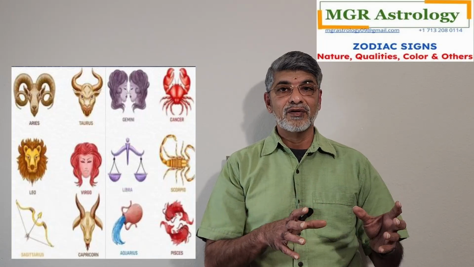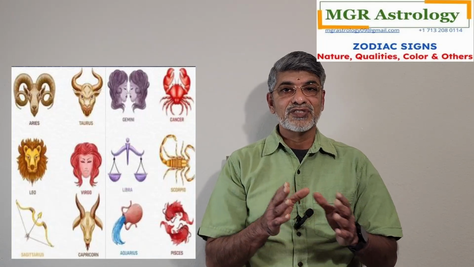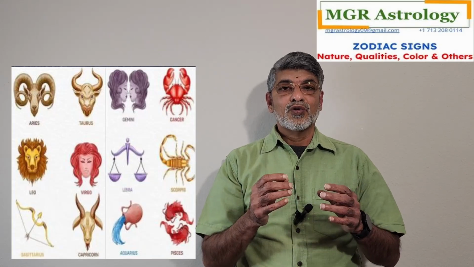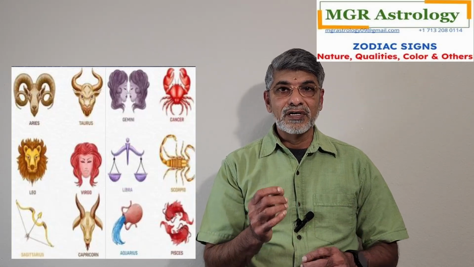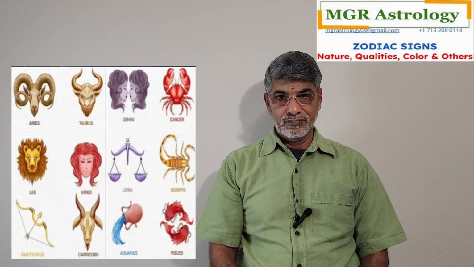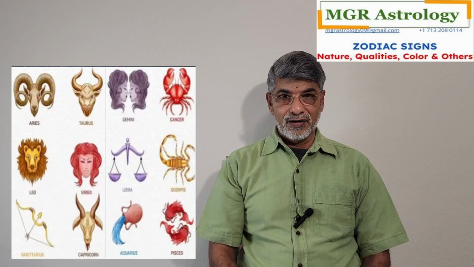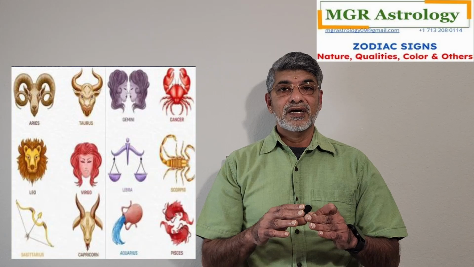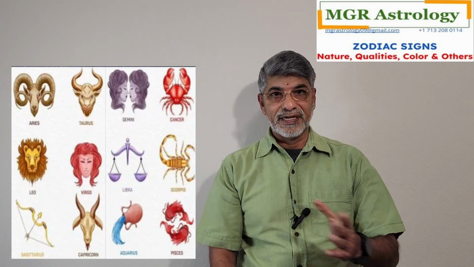So it is dual, both movable and fixed. This is how we have to read each of those signs, and then the qualities are to be fine tuned.